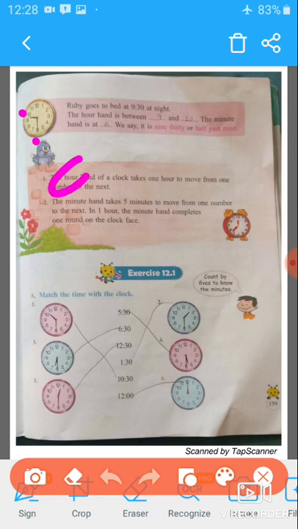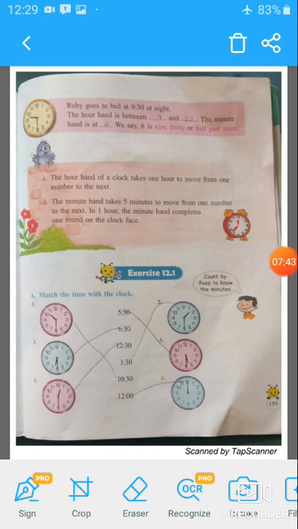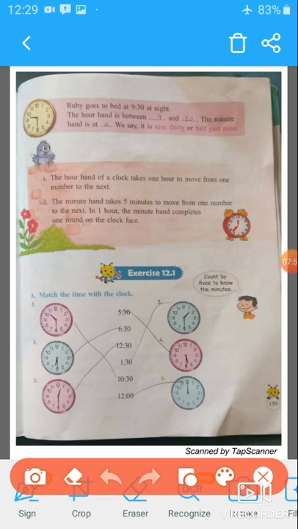So students, half past 9 can be written as 9 colon 30. The hour hand of a clock takes 1 hour to move from one number to the next, and the minute hand takes 5 minutes to move from one number to the next. In 1 hour, the minute hand completes one round on the clock face.